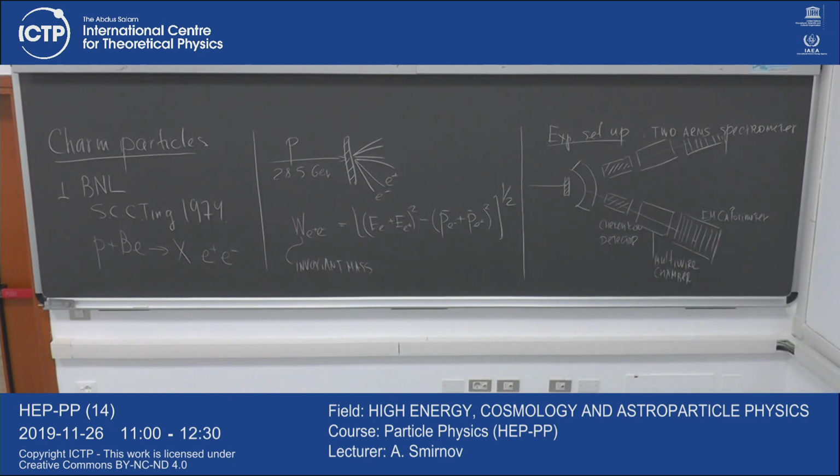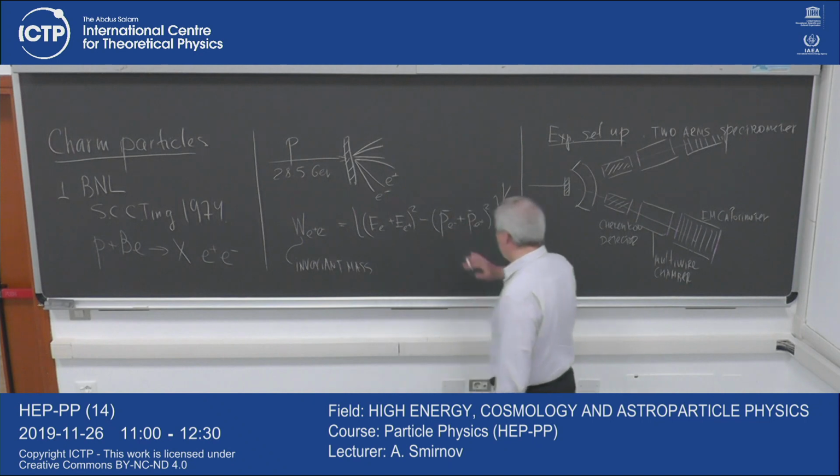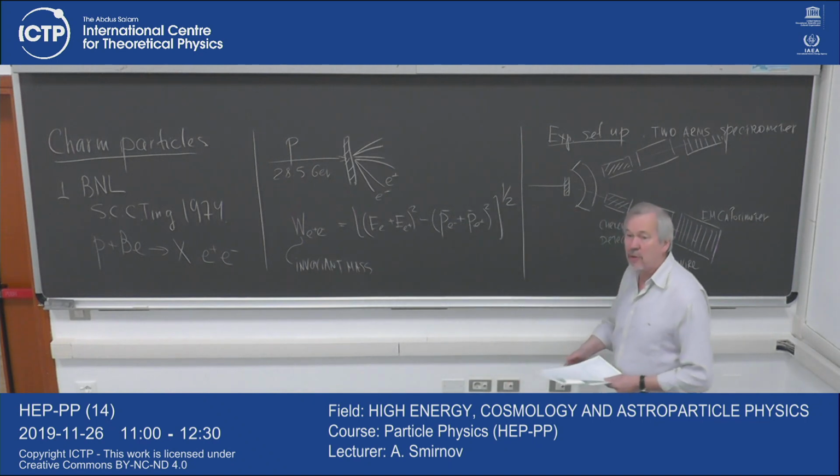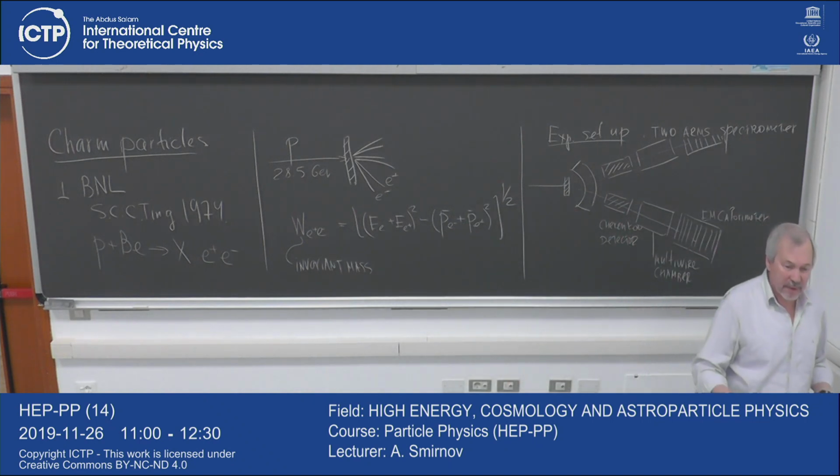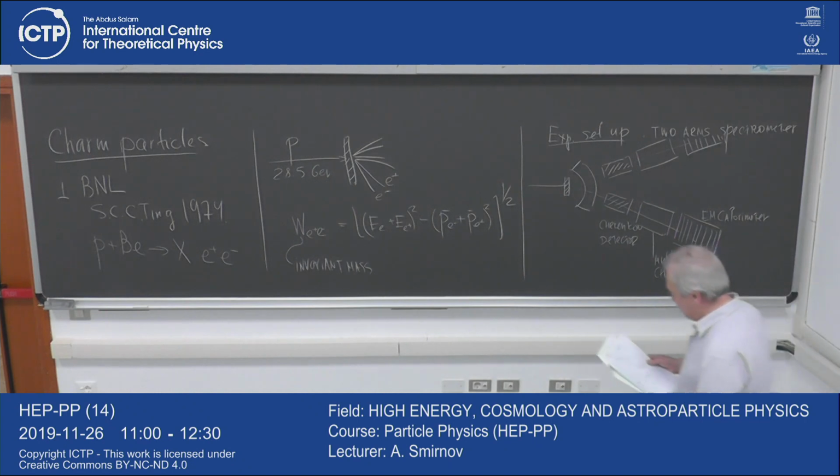Again, the goal of this multiple detector experiment is to measure precisely the energies and momenta of the electron and positron, and also identify these particles, because other particles can be produced, like pi zeros, pi plus, pi minus, and you need to distinguish the electron and positron from other particles.